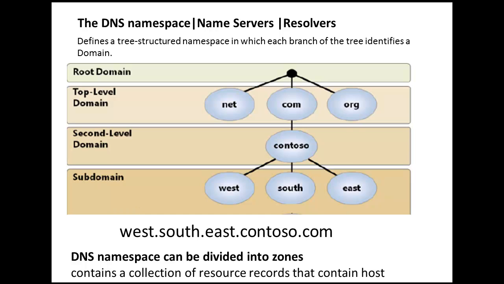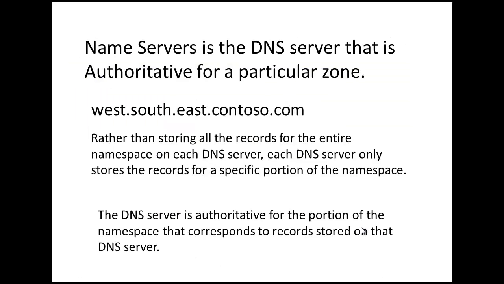So if I create a zone in West domain, it means that this zone will contain only the resource records that pertain specifically to West domain. So we might have the West zone, the South zone, and the East zone within our namespace.